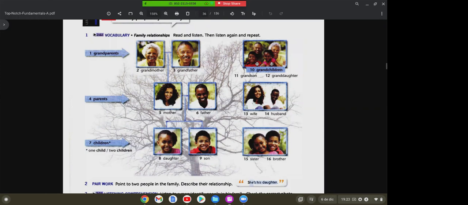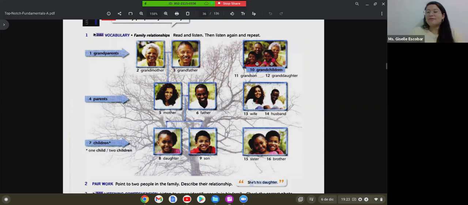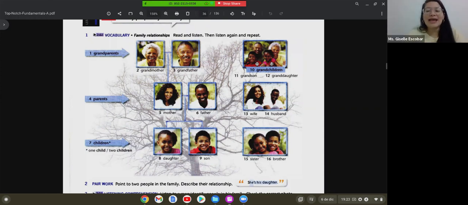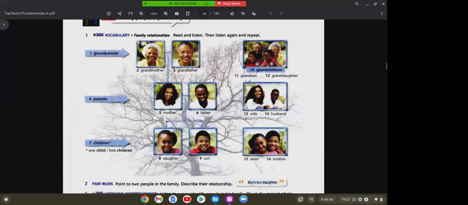It could be 5. Podría ser la 5. 5, 8. No. She's mother. So. Entonces sería al revés. 8 más 5. His daughter. Ella es su hija.